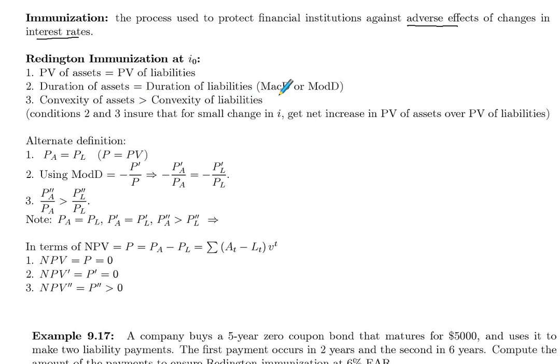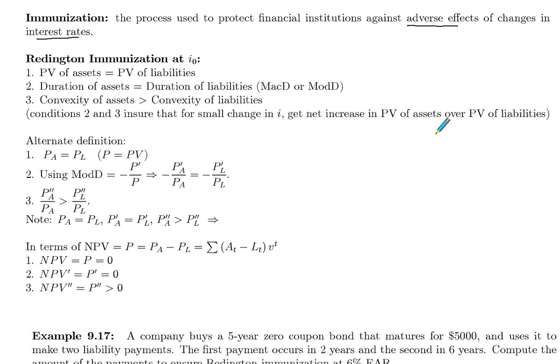And what we'll see is that these last two conditions are the ones that are going to ensure that small changes in the interest rate give you a net increase in the present value of assets over liabilities.